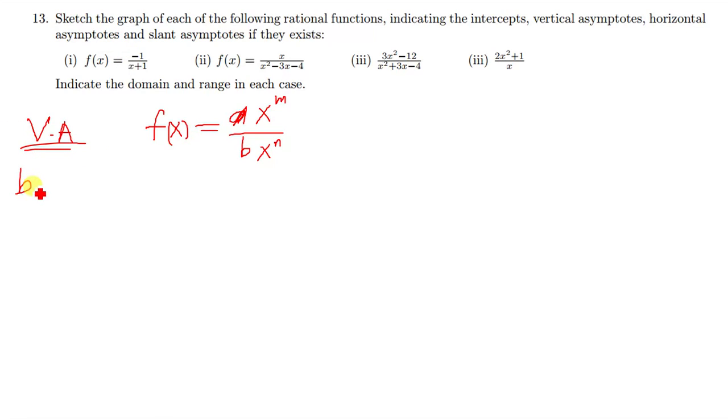When you equate bx to the power n to 0, the values of x that you find are the ones called the vertical asymptotes.